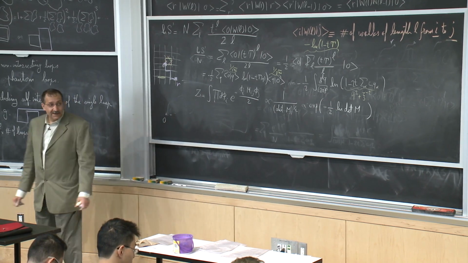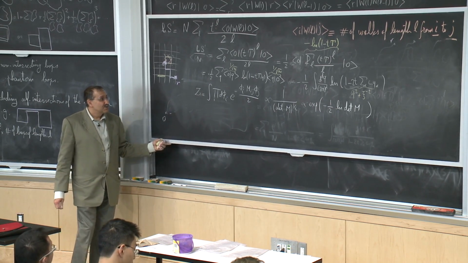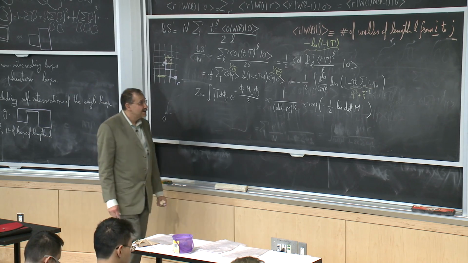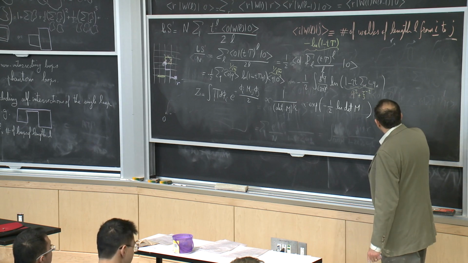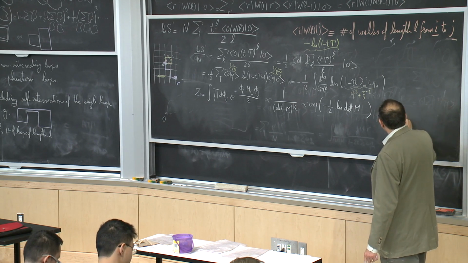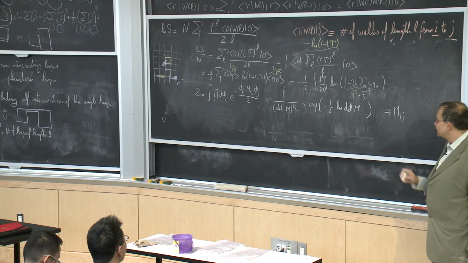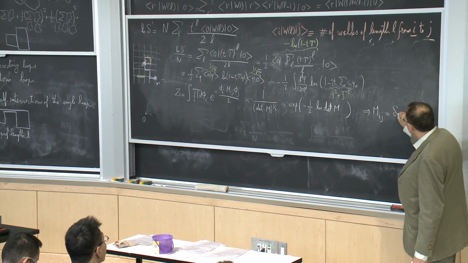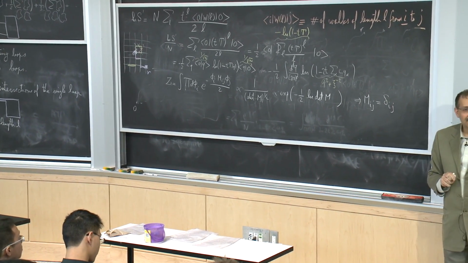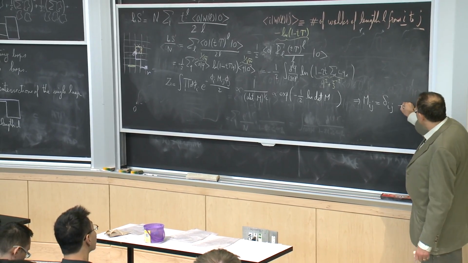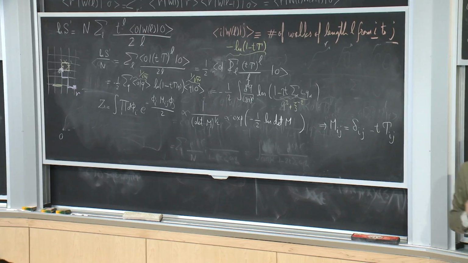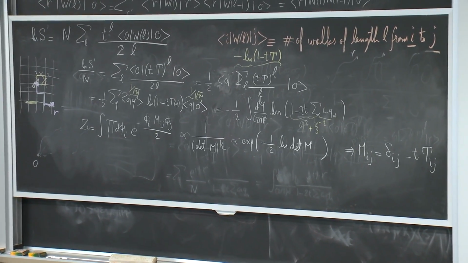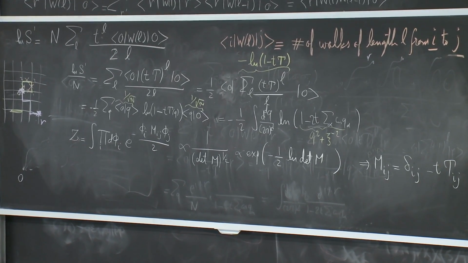So you can see that what we have calculated by comparison of these two things corresponds to a matrix M_ij, which is delta_ij minus t times this single step connectivity matrix that I had before. Okay?